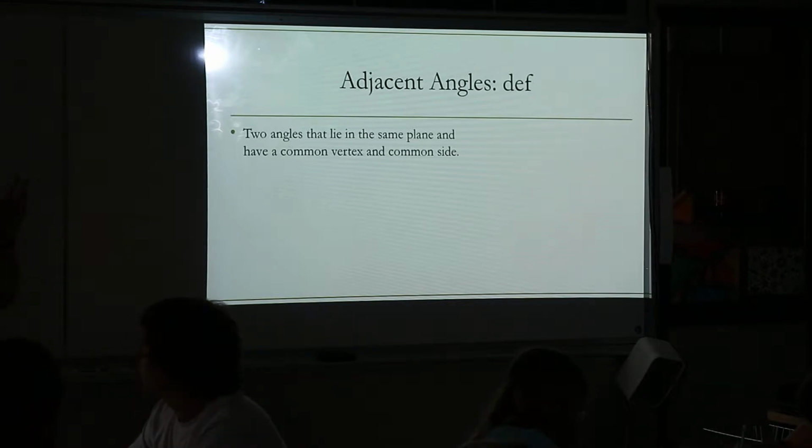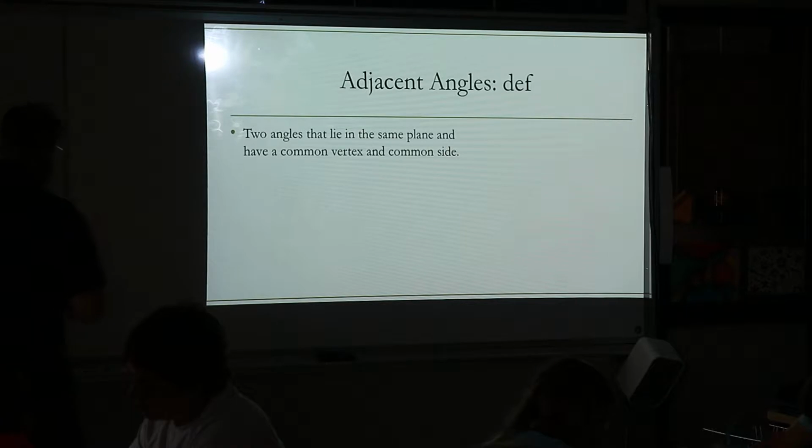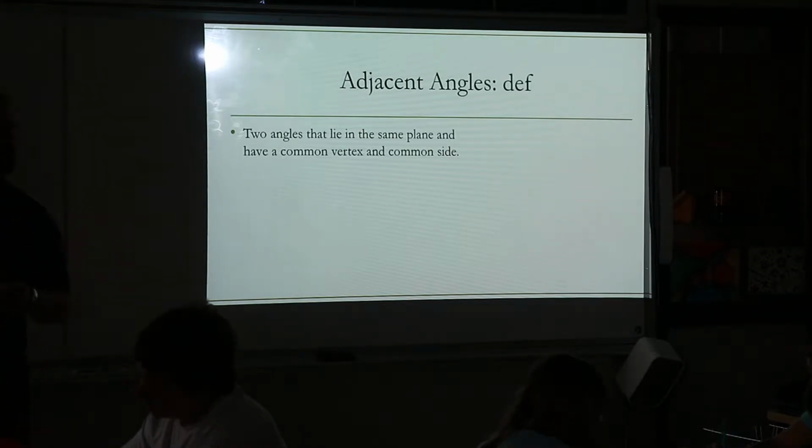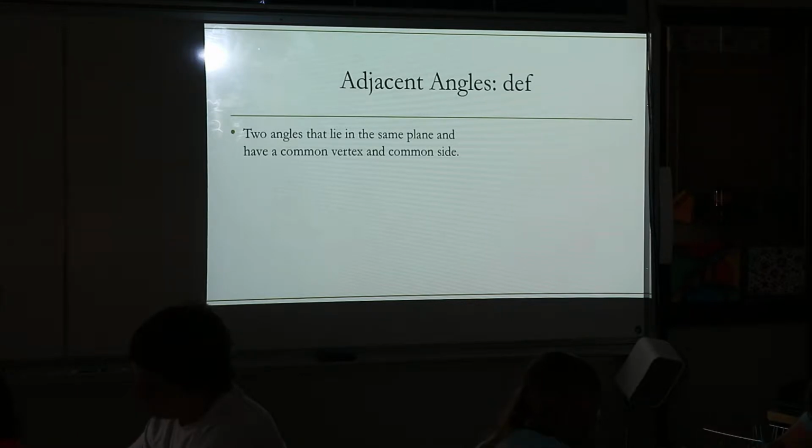They have a common vertex and a common side. We have a bunch of pictures here. I think I have 4 or 5 pictures we're going to go through, just to make sure that you can see it. We'll zoom in on it and everything.